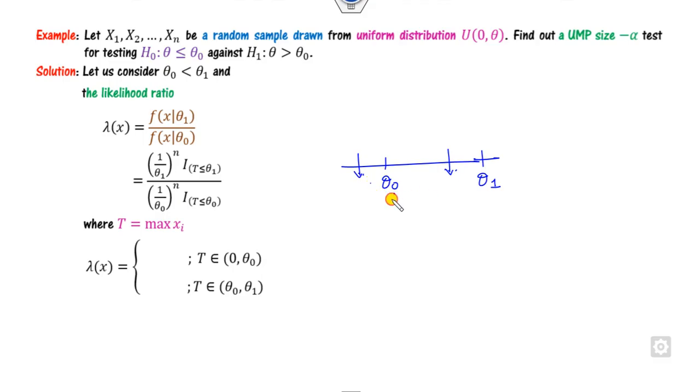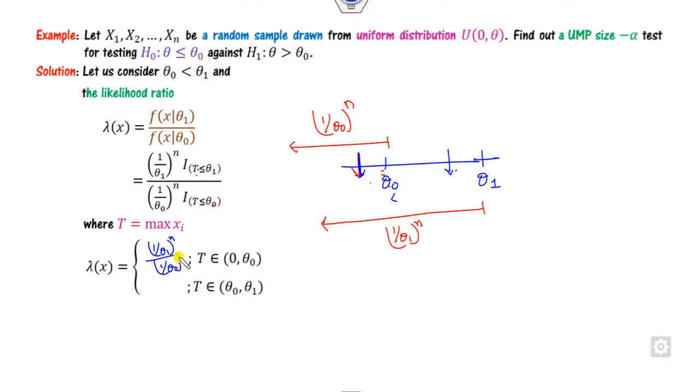What will happen if it lies less? Okay, firstly we will see, if it lies in this case, what is the value of here? Whenever T is less than this, the value will be my 1 by theta naught raised to power n. So clearly whenever this value lies in here, we will get the numerator value of this, denominator value as of here.